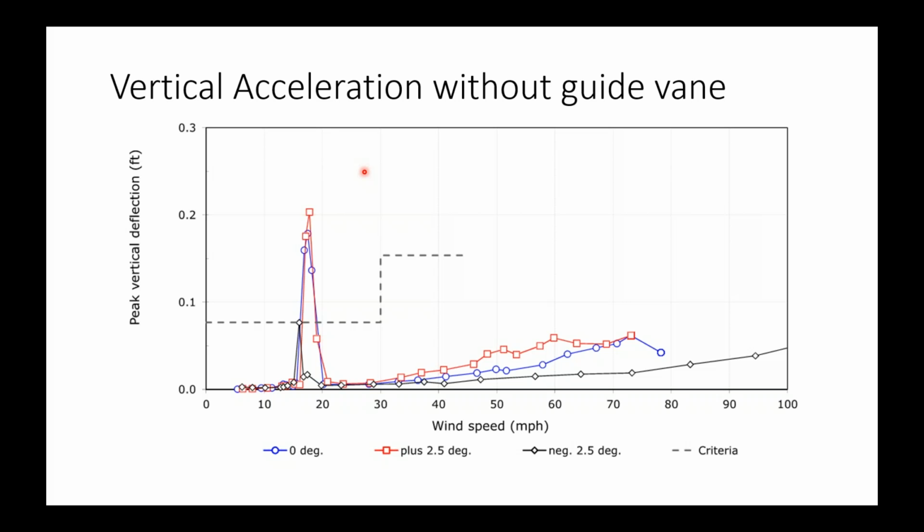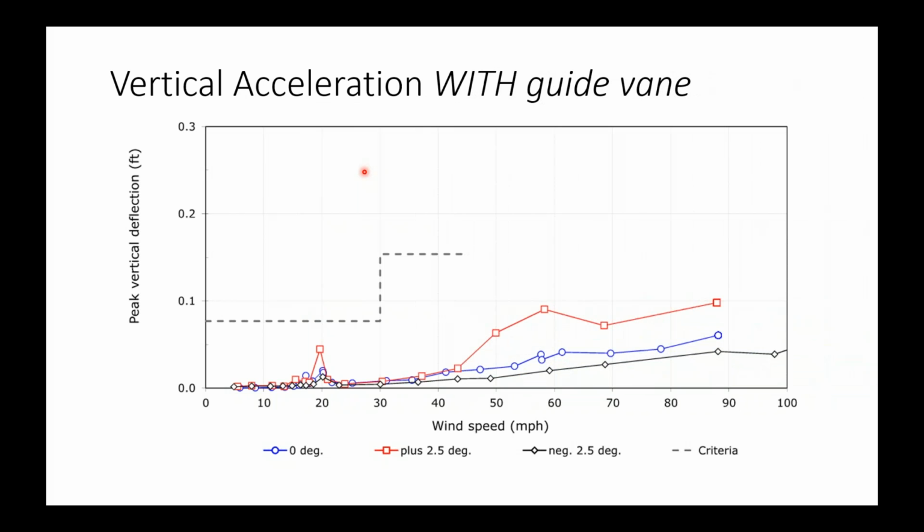That was before the wind guide vane was added. Once we added the guide vane, you can see the similar test, and that peak oscillation still exists, but it's greatly reduced. We got a reduction of more than 4 times, and within our established criteria. So the wind vane was added to the design, and we moved on to the next phase.